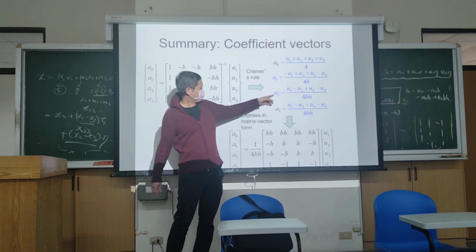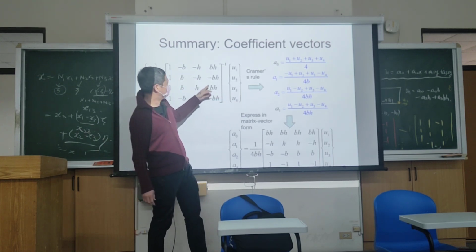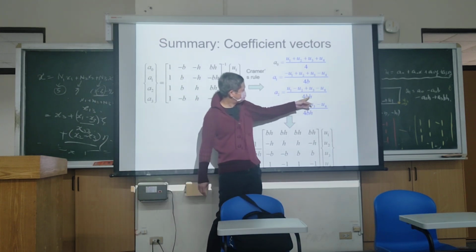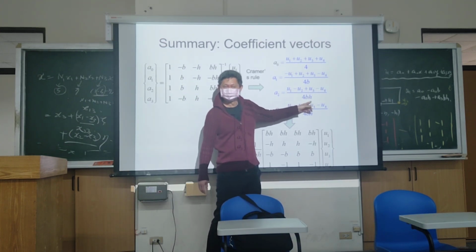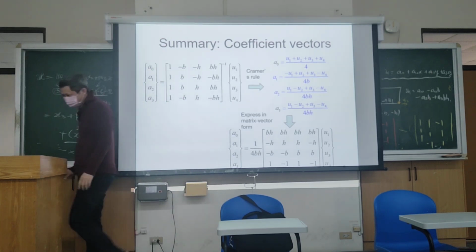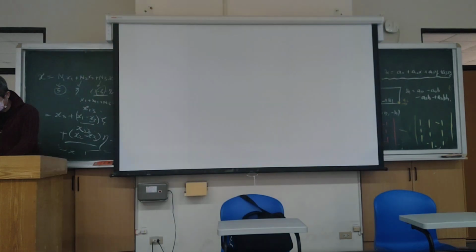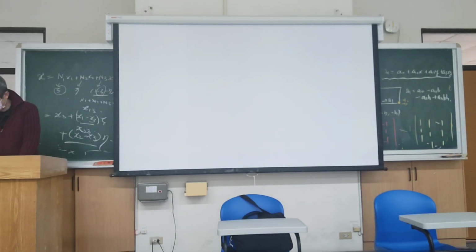A2 must be wrong because A2 is the one corresponding to the height. Okay, so this cannot be this. Let's see this. So this product gives you B, and this product gives you H. Okay, so they are typos.